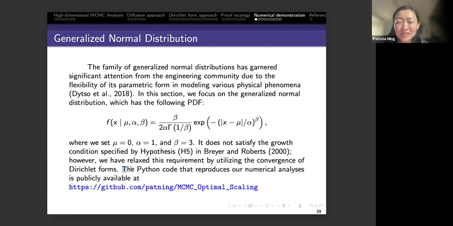Actually, I believe this is another contribution of this paper, because most of the optimal scaling papers are highly theoretical, and I am not aware of any straightforward code publicly available. It's quite understandable, because this work is usually quite theoretical. The proof of theory is the focus. But in this paper, I provided reproducible Python code, so people can practice on that and play with it.